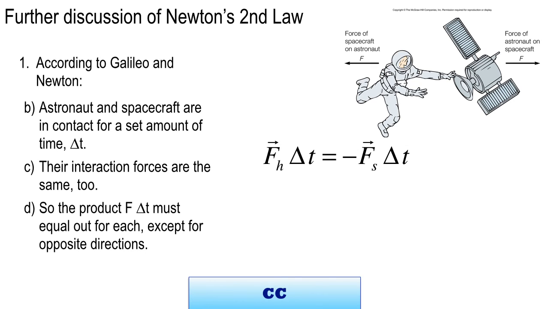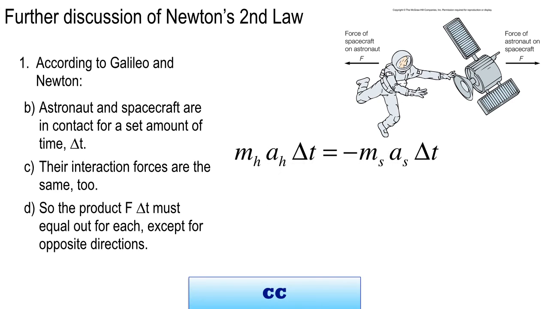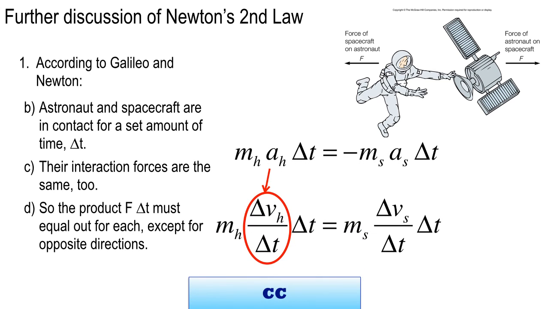Now, Sir Isaac Newton says F equals ma. If you have an F, you got an ma. The force on the human is equal to the mass of the human times the acceleration of the human. Same thing over here for the mass of the spacecraft and the acceleration of the spacecraft.